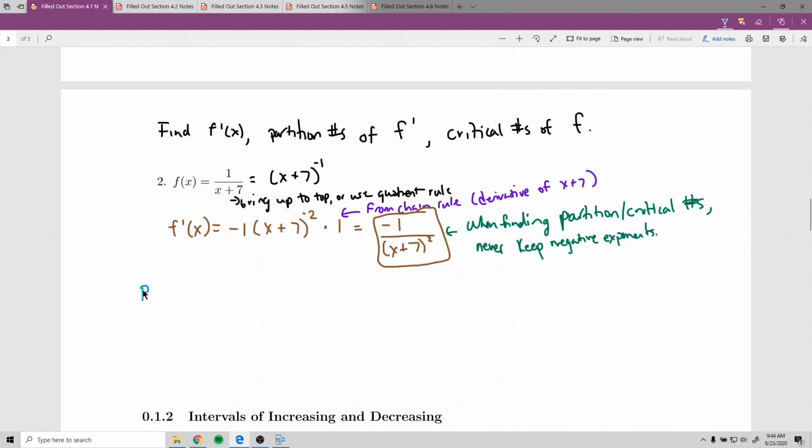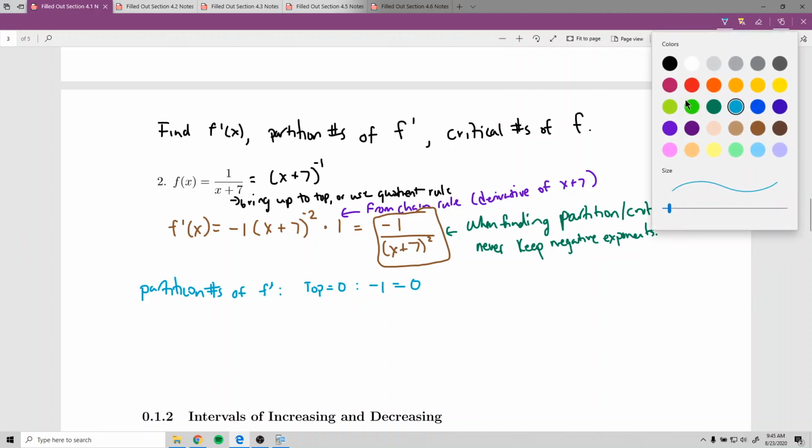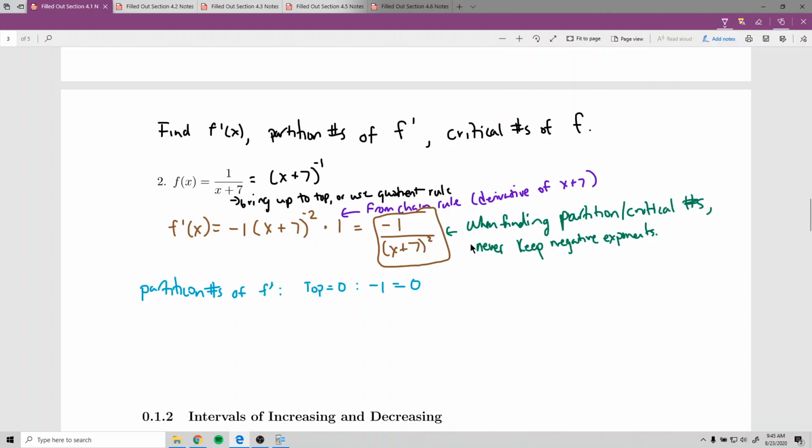So here, what are the partition numbers? Well, we take our fraction and set the top equal to 0. The top is just negative 1, so negative 1 equal to 0 gives us nothing, because negative 1 does not equal 0.